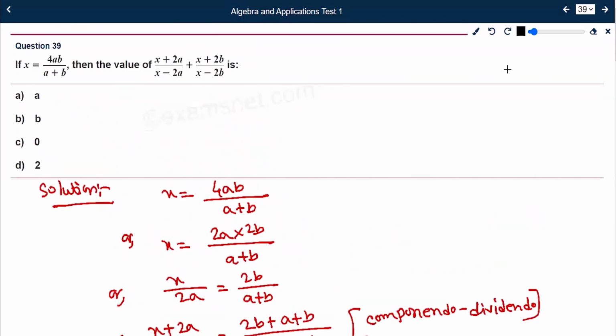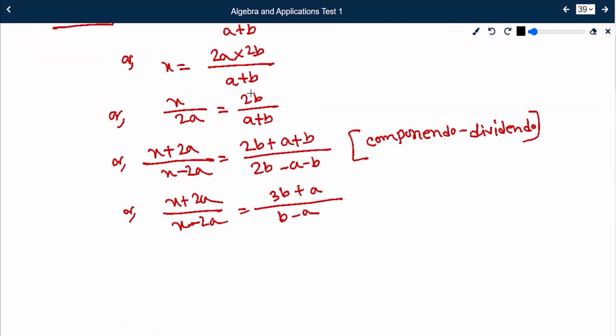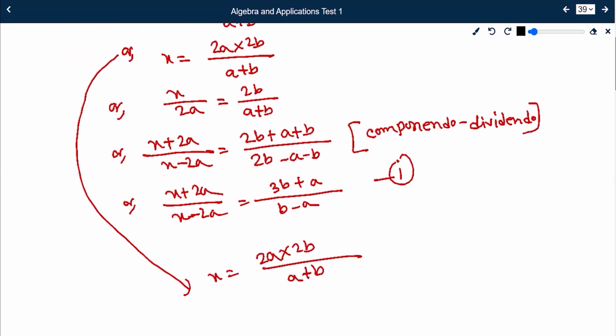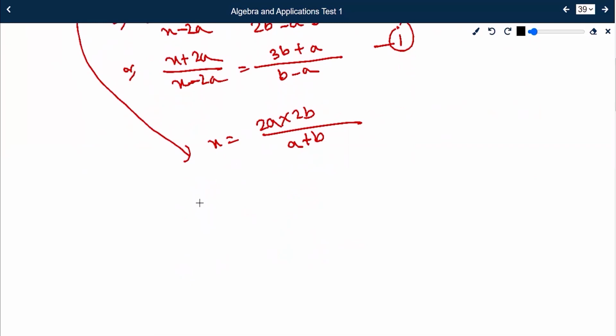Now look here, already I got the value for the first term of this expression. Now how can I get the value for the second term as well? So let's look here. Again, let's name it equation number 1. Again, let me write this line first. Okay, now I'm going to bring down 2b.